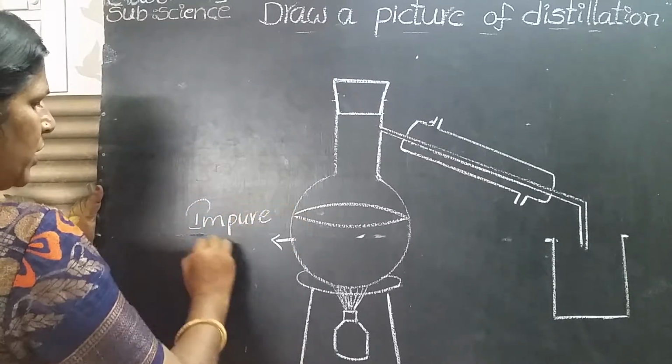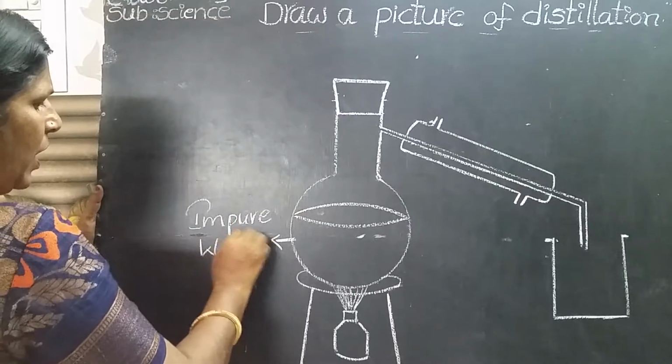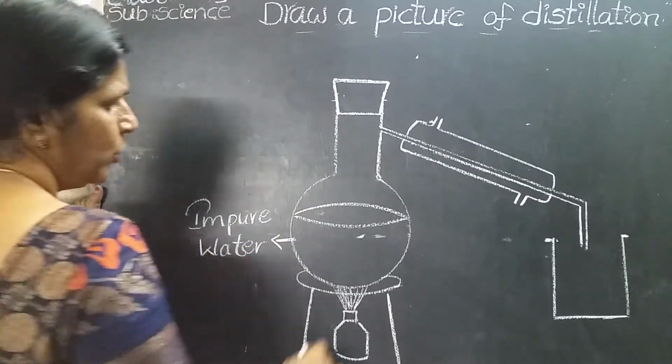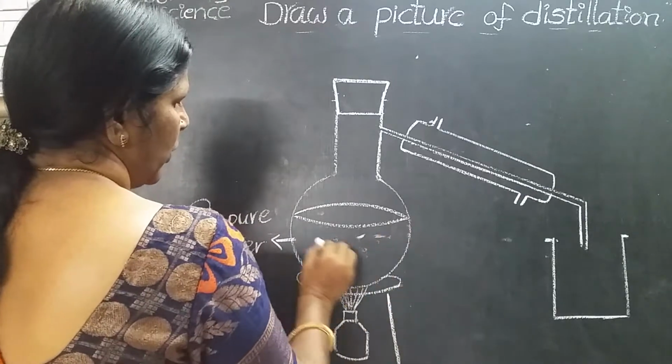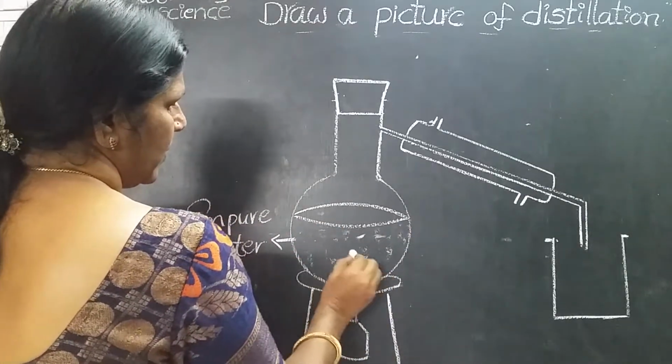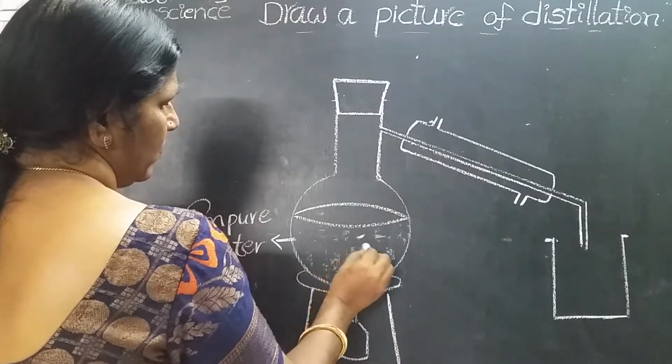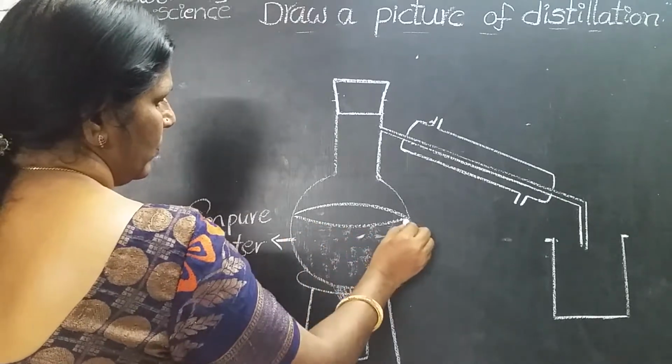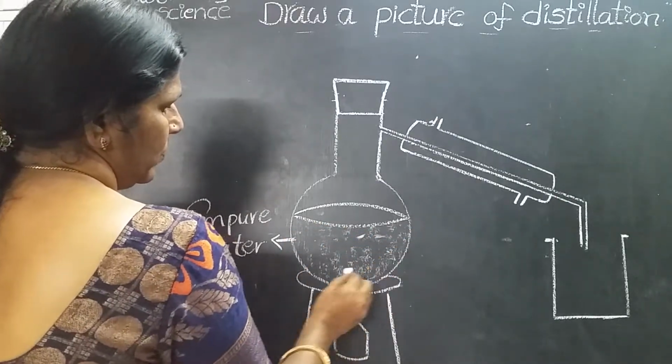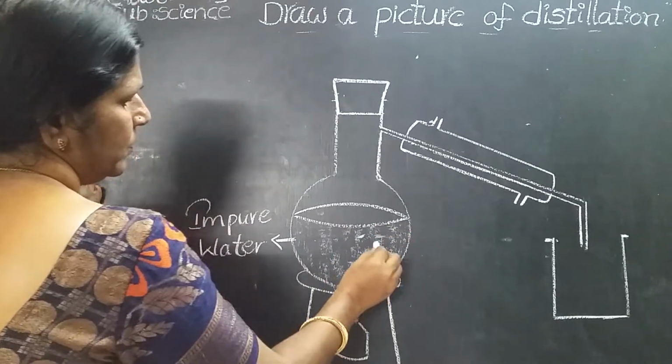Impure water or sea water. Okay, you have to draw like this. This is the impure water.